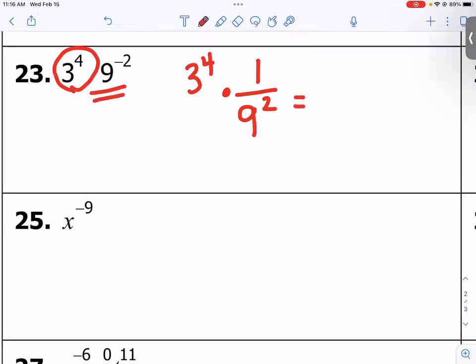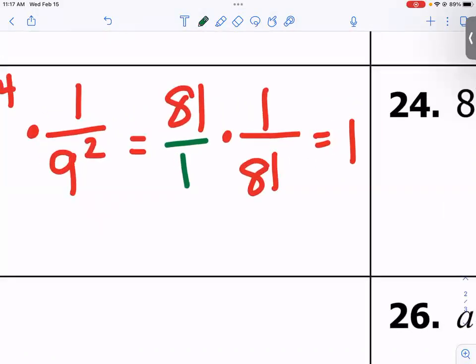Somebody with a calculator, 3 times 3 times 3 times 3. 81. Times 1 over, what's 9 squared? 81. Okay, remember, if we need to put over 1, to multiply two fractions together, we would have 81 over 81, which is 1.